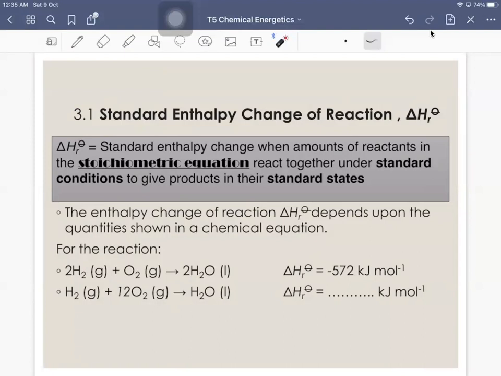So basically, this is just putting the standard conditions into the definition, because there is the standard logo there, or what we call the Plimsoll logo. That means the reactions have to be carried out under standard conditions. That's why standard states is mentioned. Stoichiometric equation, I will show you in the example shortly.